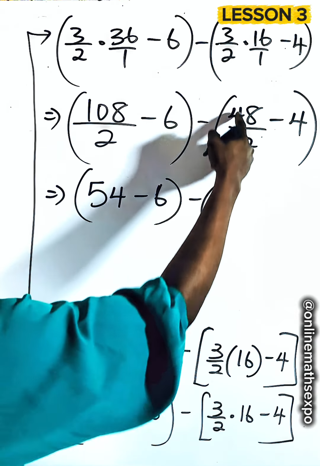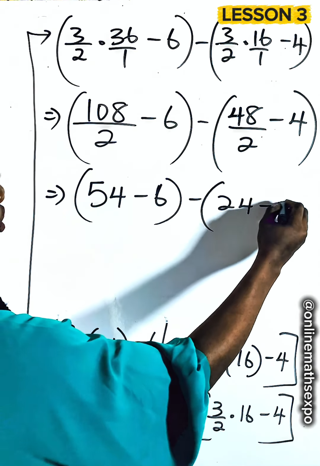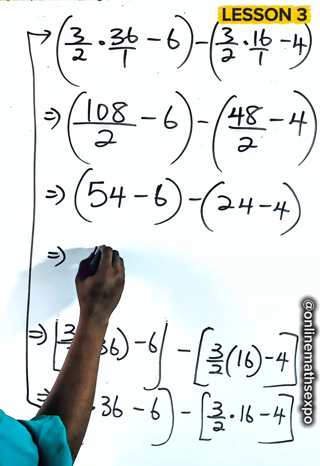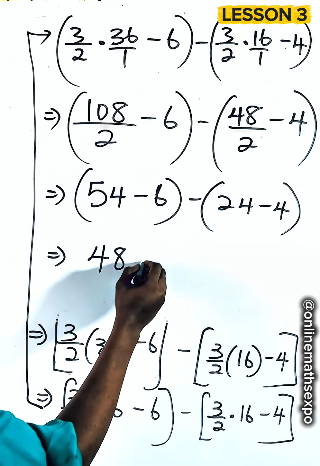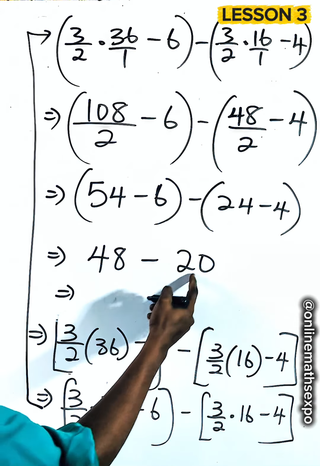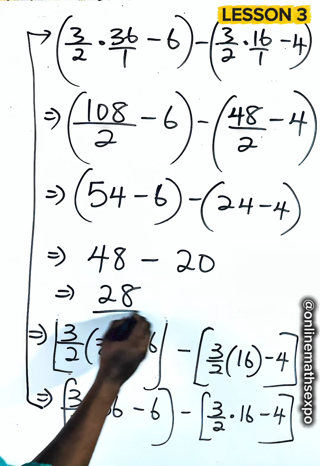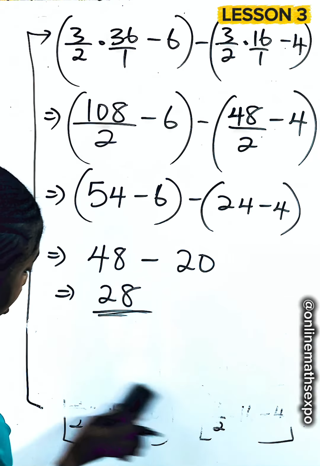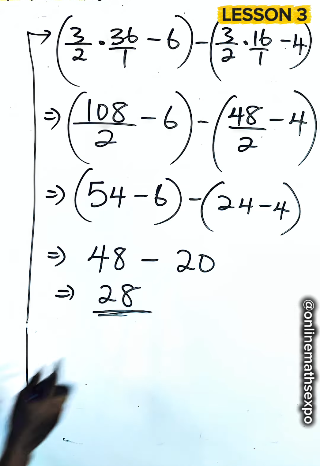Then minus, divide this, it gives you 24 minus 4. So we have, subtract this, it gives you 48, minus, subtract this, it gives you 20. Then when you subtract this, it gives you 28. So this is what you get for integrating that function.